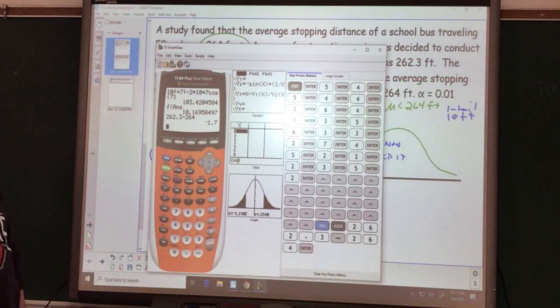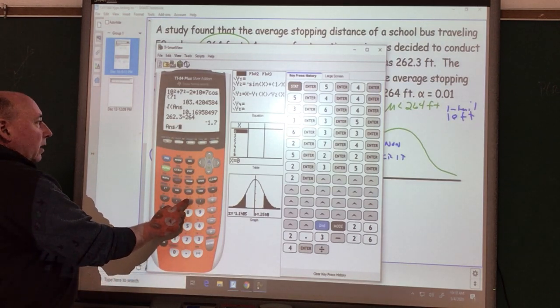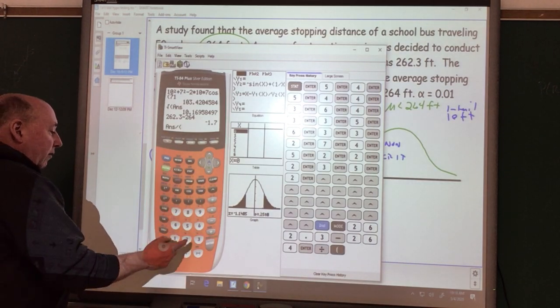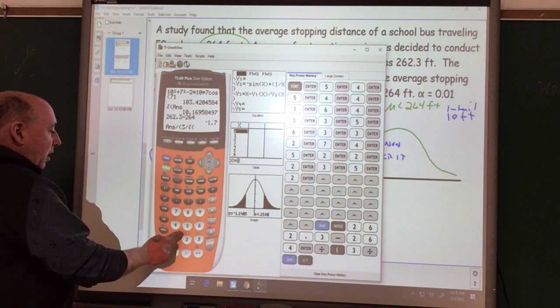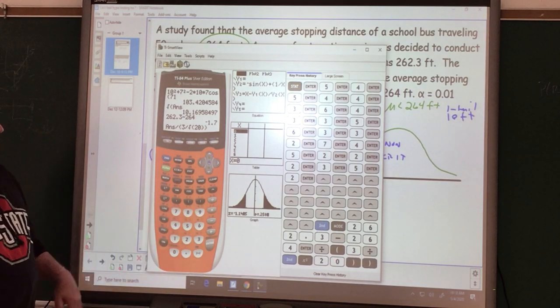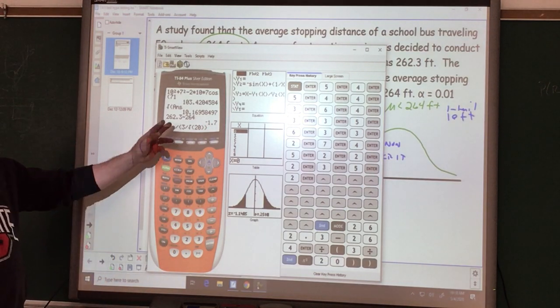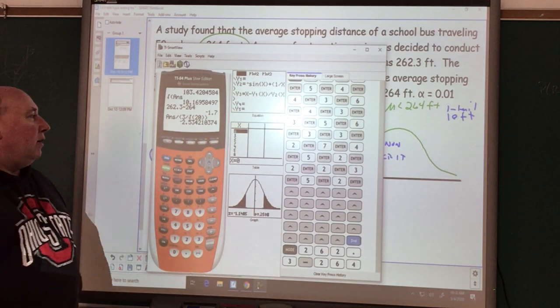We get negative 1.7, and then just hit your divide by parenthesis, that will quantify 3 divided by the square root of 20. Okay, so you can just add it in like that. And we get negative 2.534.